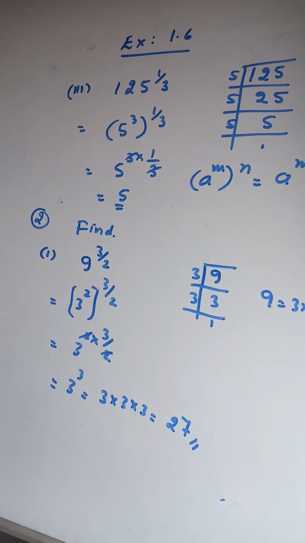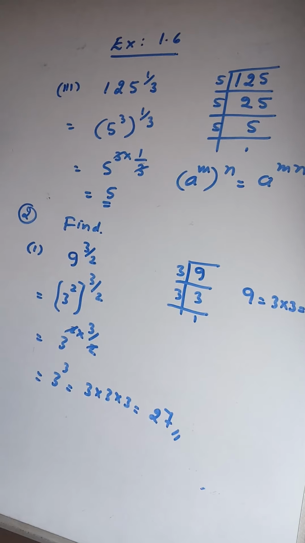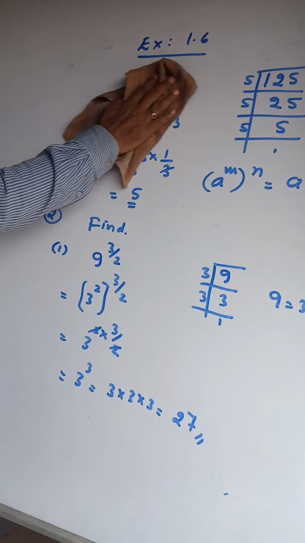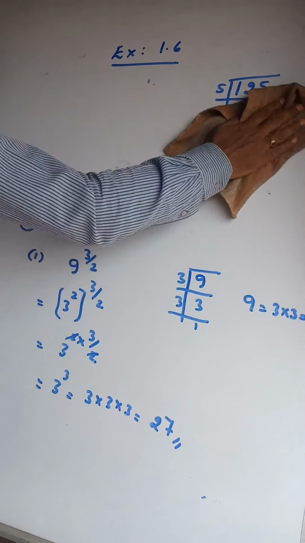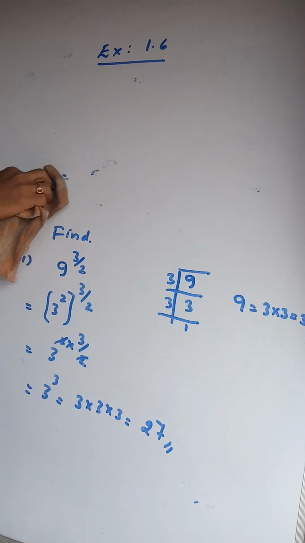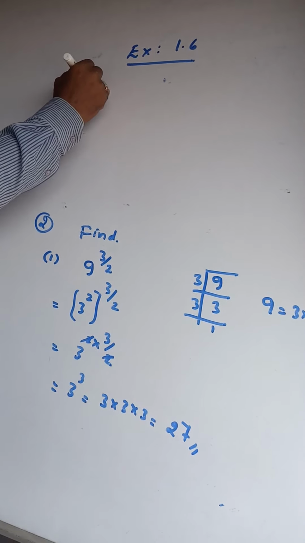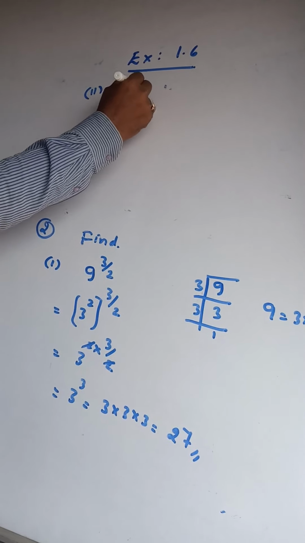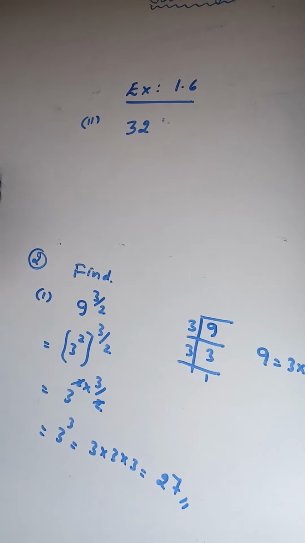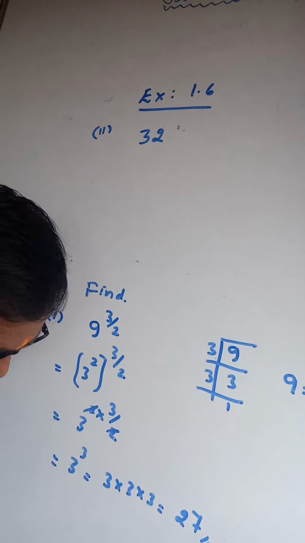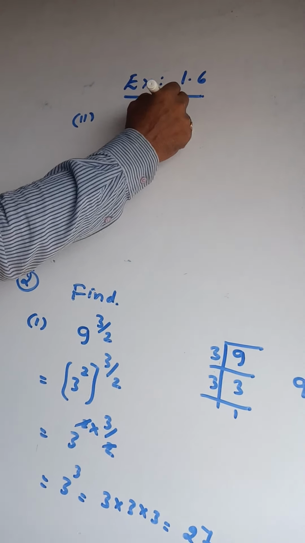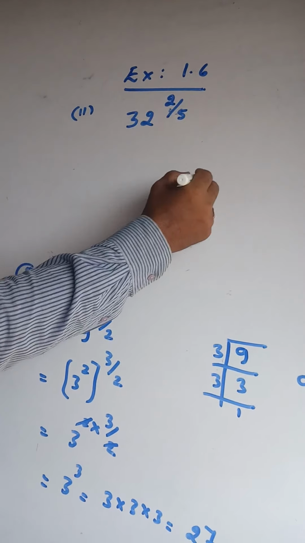Okay. Next, 32 raised to the power of 2 by 5.